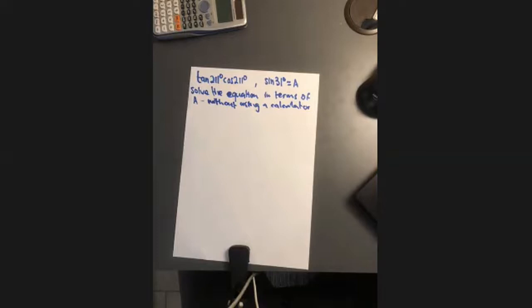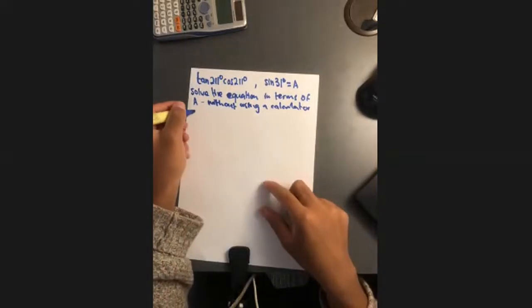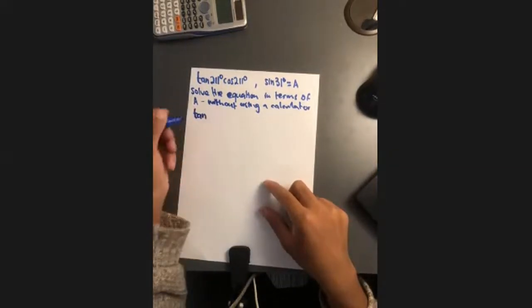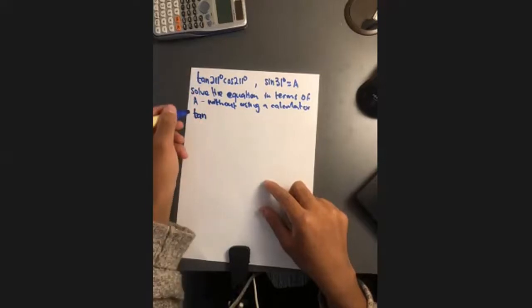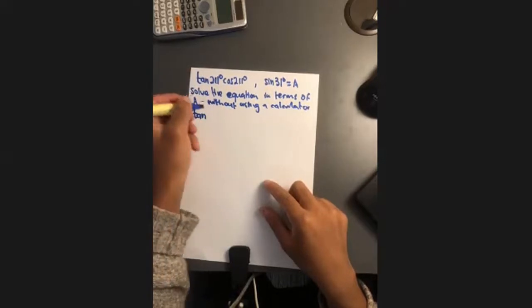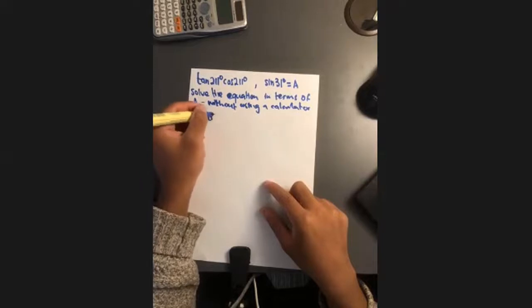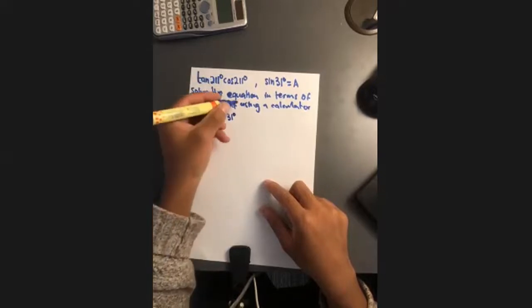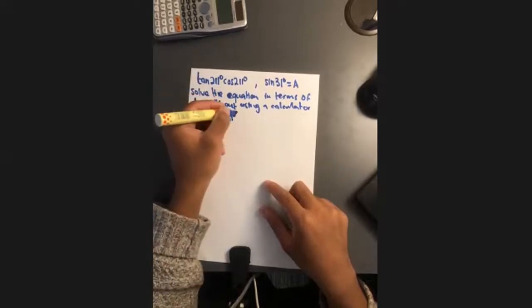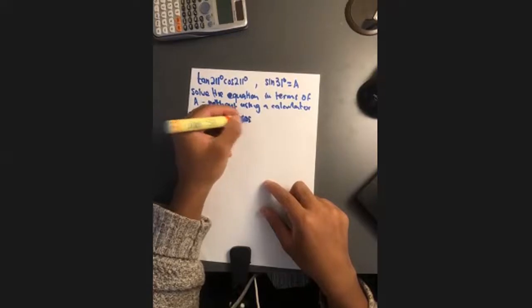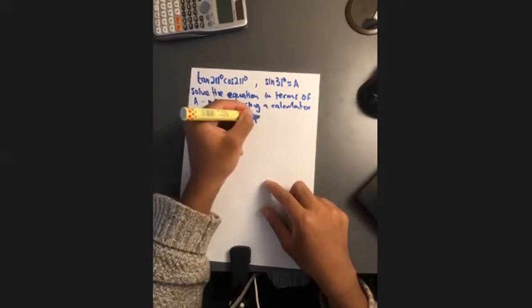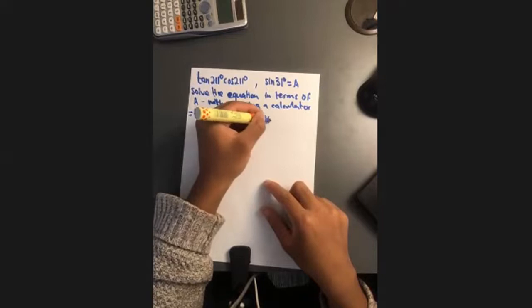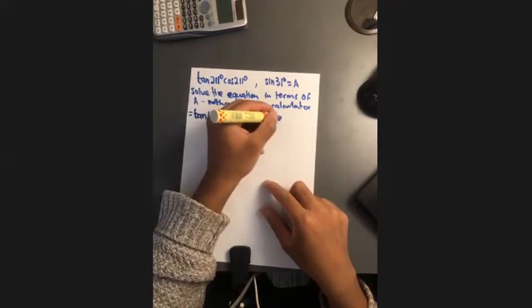Now, if you write this in terms of the reduction formula, it's just equal to the tan of 180 degrees plus 31 degrees, multiplied by cos of 180 degrees plus 31 degrees.